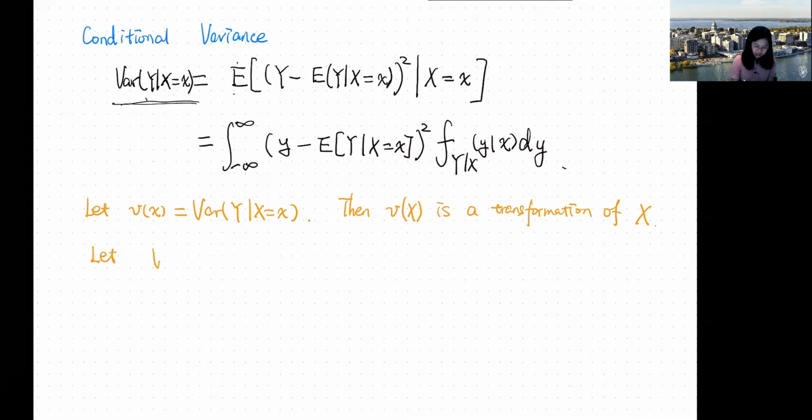And then we can let the notation variance of Y given capital X denote this little v evaluated at the random variable. And this is the sense in which we view conditional variance also as a random variable. It is a transformation of X. So for the continuous random variable case, just like in the discrete random variable case, we still have this decomposition of variance.